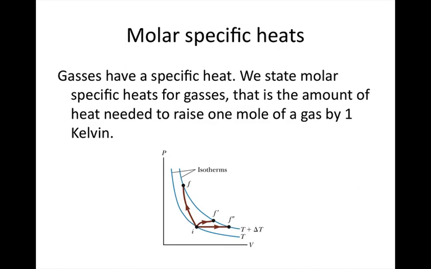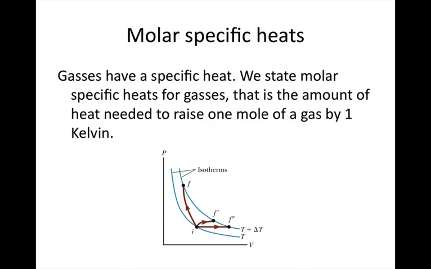The specific heat of a gas is the amount of energy we need to add to raise 1 mole of that gas by 1 Kelvin. We've just said that points at the same temperature will be found along a hyperbola on the PV diagram. So you can see here we've got 2 blue isotherms. All the points along each of these blue lines are at the same temperature.